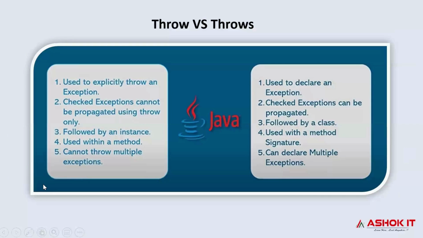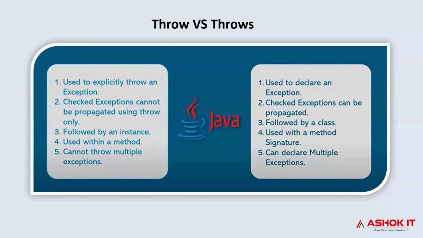Let's see the difference between throw and throws. First, throw is explicitly used to throw an exception, but throws is used to declare an exception. We have already seen how it worked. Next, checked exceptions cannot be propagated using only throw, but checked exceptions can be propagated using throws.